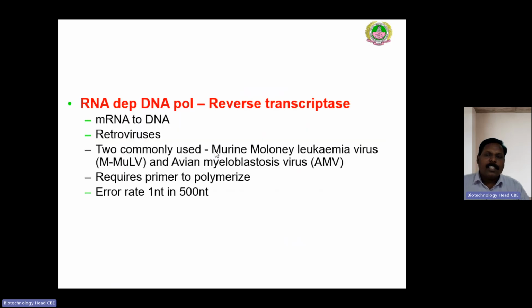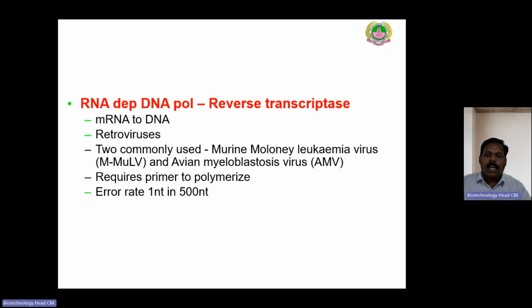The second type of enzymes within the DNA polymerase is RNA-dependent DNA polymerase, which is also called as reverse transcriptase. And this uses RNA as a template to synthesize DNA. We call them as complementary DNA or copy DNA. And these enzymes are widely isolated from the retroviruses, means the viruses that contain RNA genome. There are two commonly used enzyme sources available.